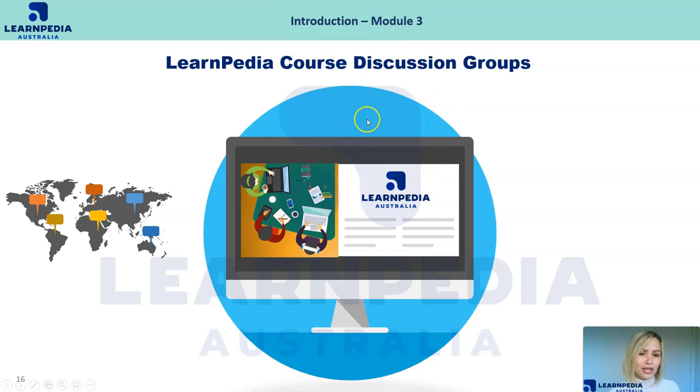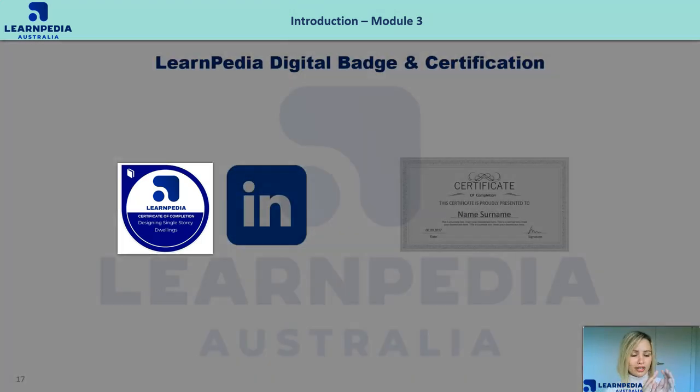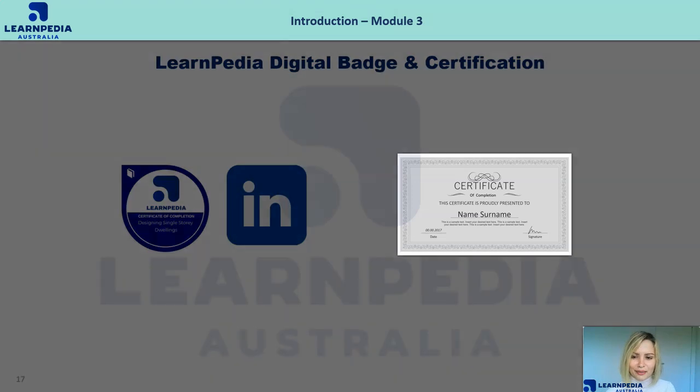You get to be in touch with other students doing the course at the same time. After each module, you get to pass a final test. And once you pass that final test, you will get a digital badge and a certificate.